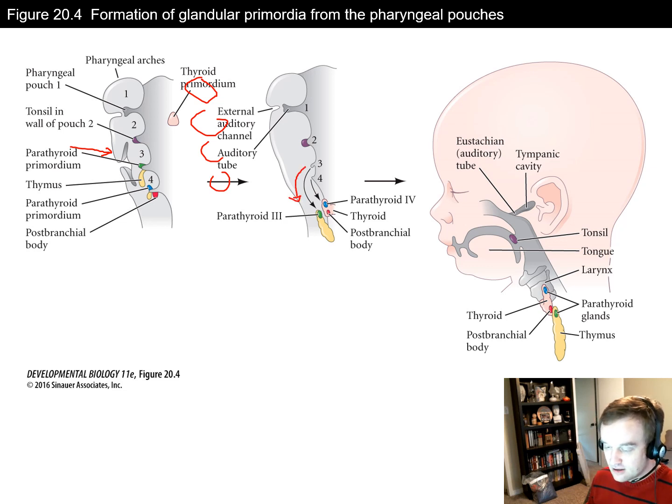That forms the rest of the parathyroid and the postbranchial body. In addition, the thyroid, which we can see over here and forming right here, will also migrate, and it will move further down caudally or posteriorly into the neck region as the embryo develops.